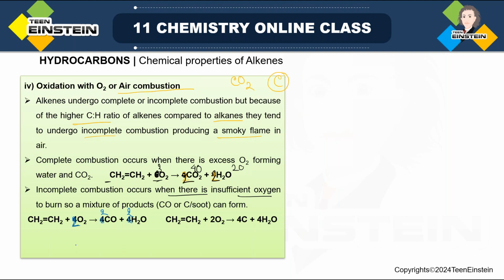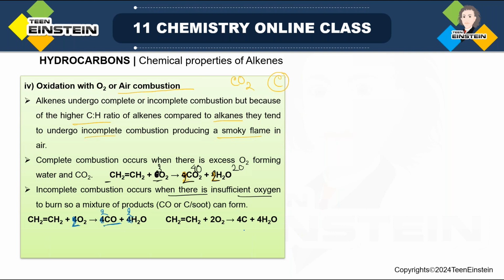So when we are supplying per mole of C2H4 2 moles of O2, but actually you should supply for complete combustion 3 moles of O2. The ratio is 1:3. But suppose you are supplying 1:2, then what will happen? You will end up with not CO2 but CO. Water is always there, but we are not getting CO2. So this is the incomplete combustion.